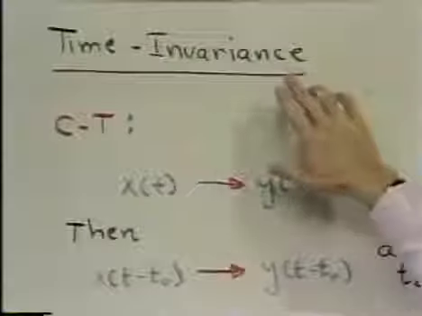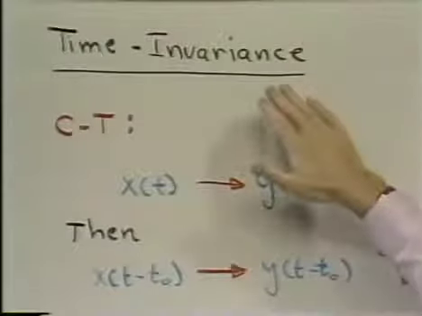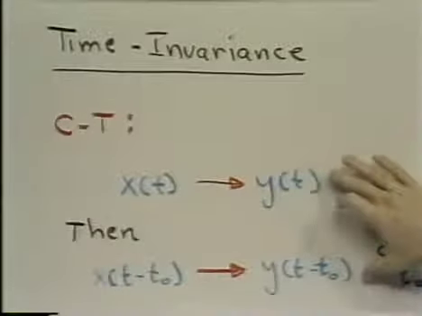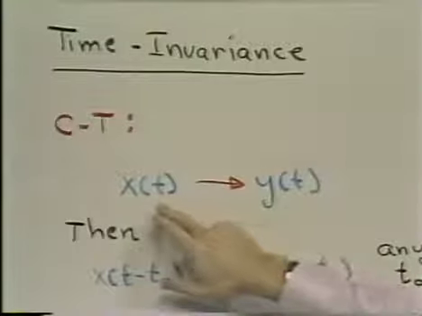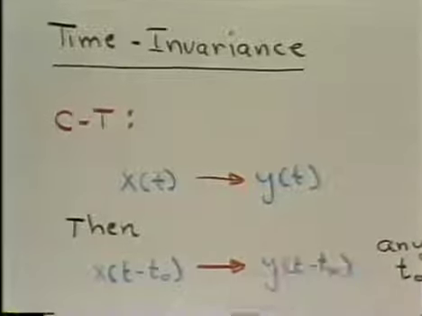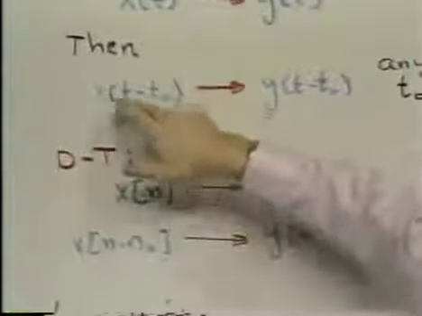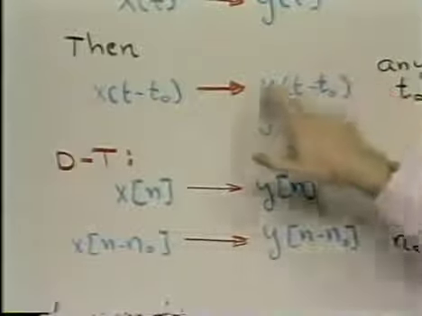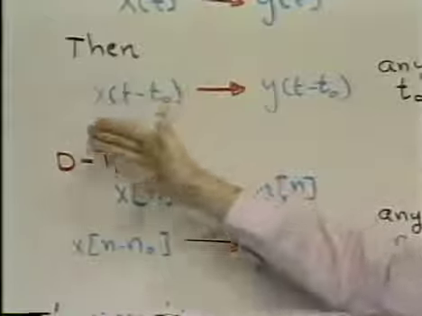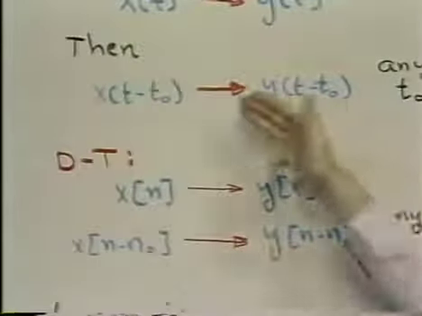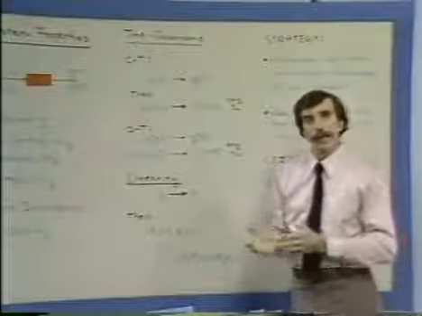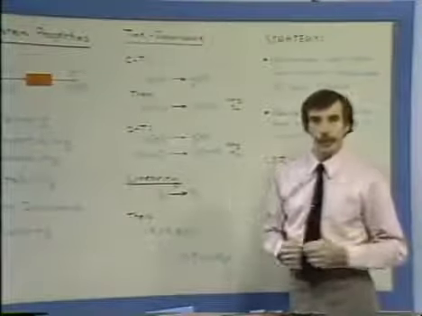Time invariance, as you recall, is a property that applied both to continuous time and discrete time systems, and in essence stated that for any given input and output relationship, if we simply shift the input, then the output shifts by the same amount. And of course, exactly the same kind of statement applied in discrete time. So time invariance was a property that said that the system didn't care about what the time origin of the signal is.